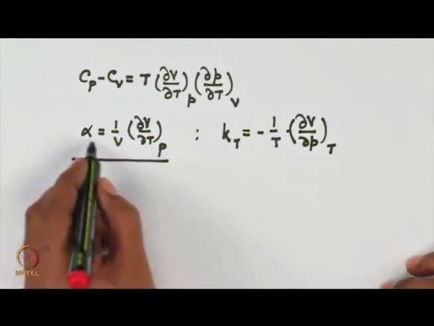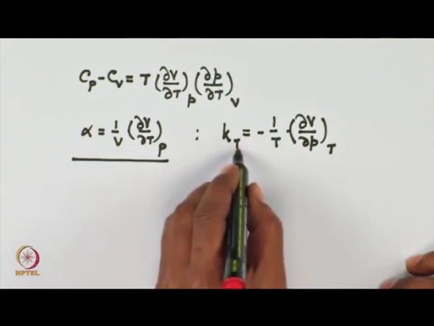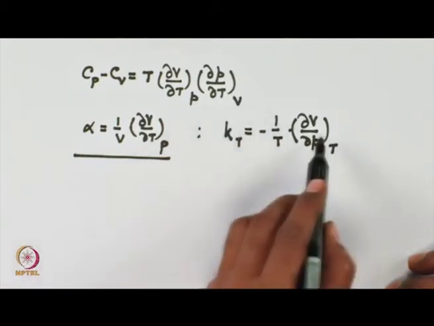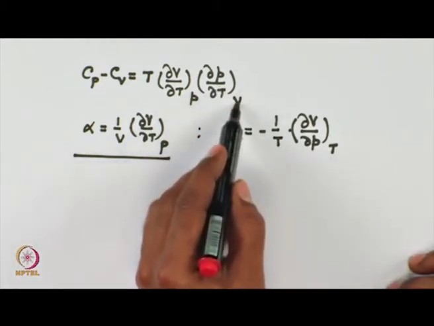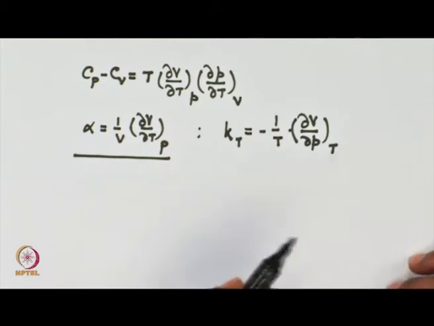This was the expansion coefficient, this is the compressibility, and isothermal I am putting as kT. But in this equation, I don't have this. You see here PTV, and that reminds us that we can use the cyclic rule.